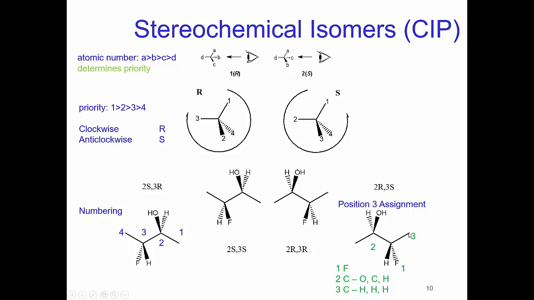So if we were to look from the front side, in other words, from behind the screen looking towards you, you would actually be going counterclockwise, okay? And so since that's the case, when you see this and you say to yourself, oh, clockwise, R, you say, oh, wait a minute, it's the opposite. So the opposite of R is S.